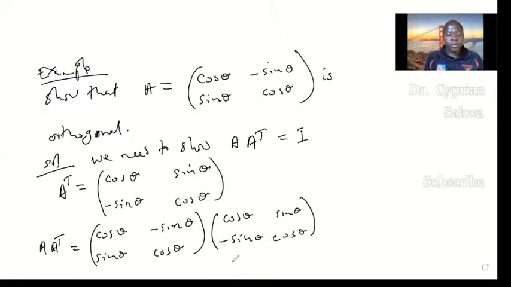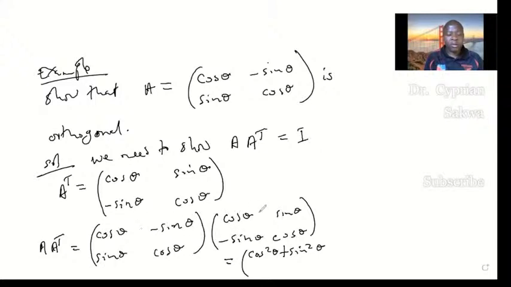So when you do this, cos theta times cos theta will be cos square theta, plus sin square theta. It's this row and this column, I get cos square theta plus sin square theta.